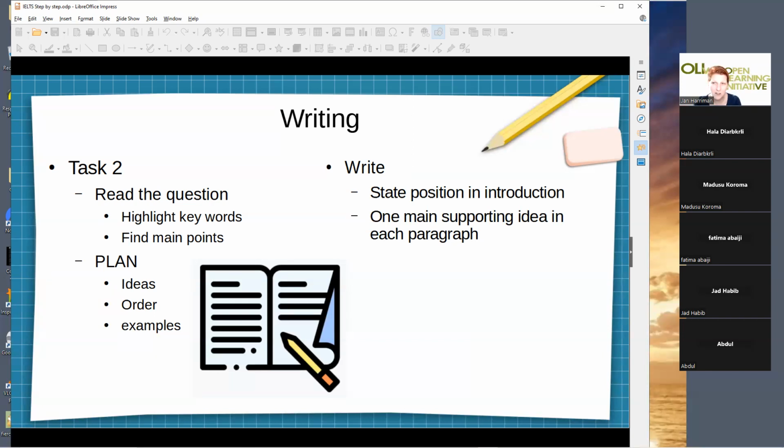That way, if you run short on time, you've still covered everything in the requirements. Right, so one main supporting idea in each paragraph, 2 to 4 supporting points with examples, okay? And then check for errors. What do you think is the best way to check for errors in your essay at the end?